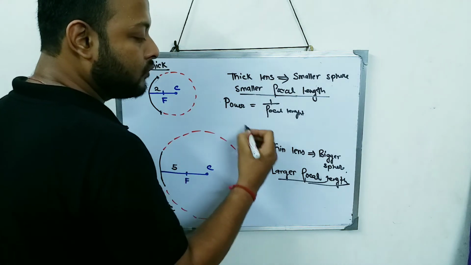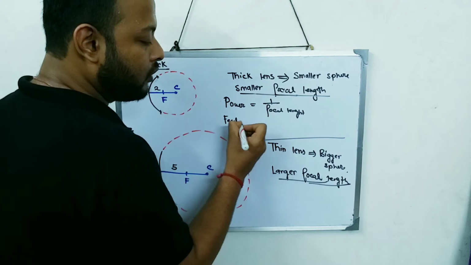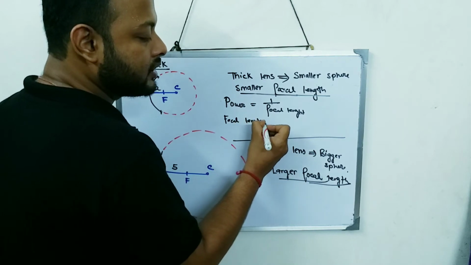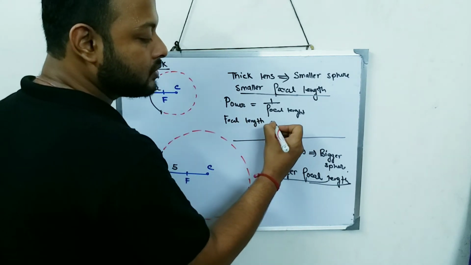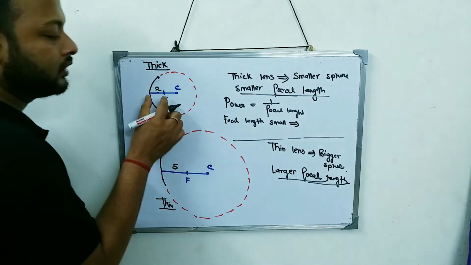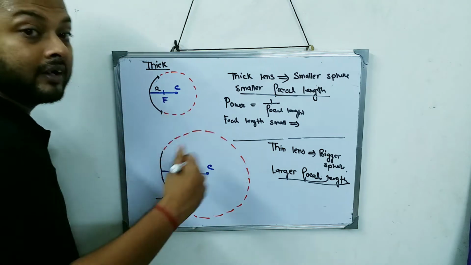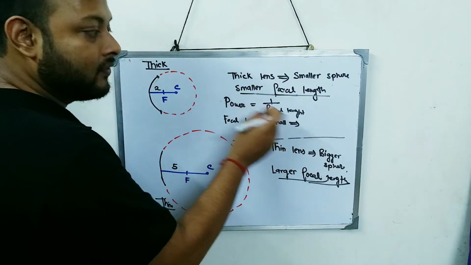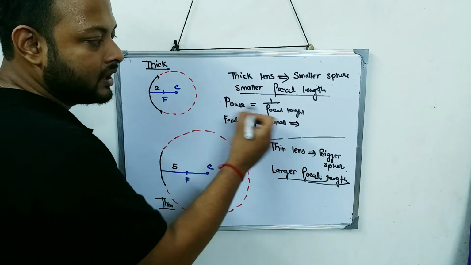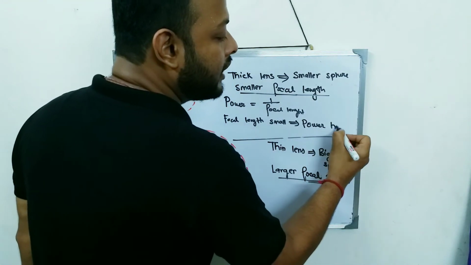If this focal length is small, what we can say of the power? Power is higher, because these two are inversely related. So power will be higher.